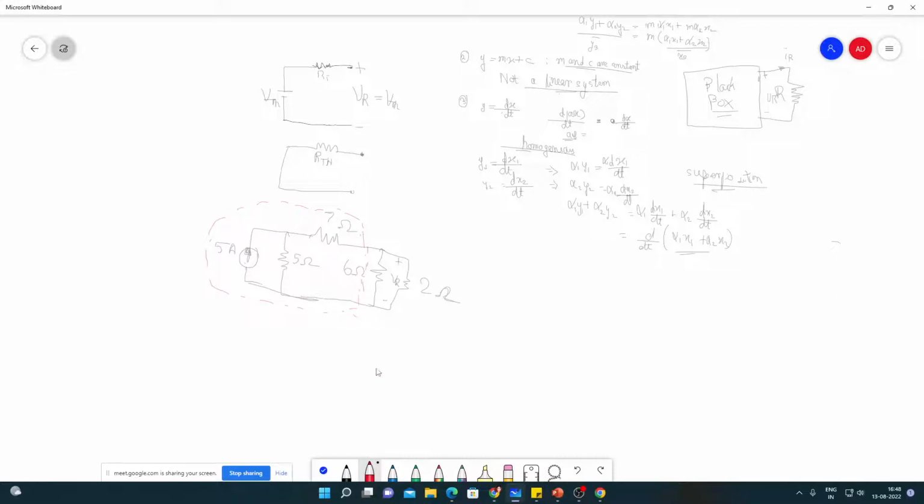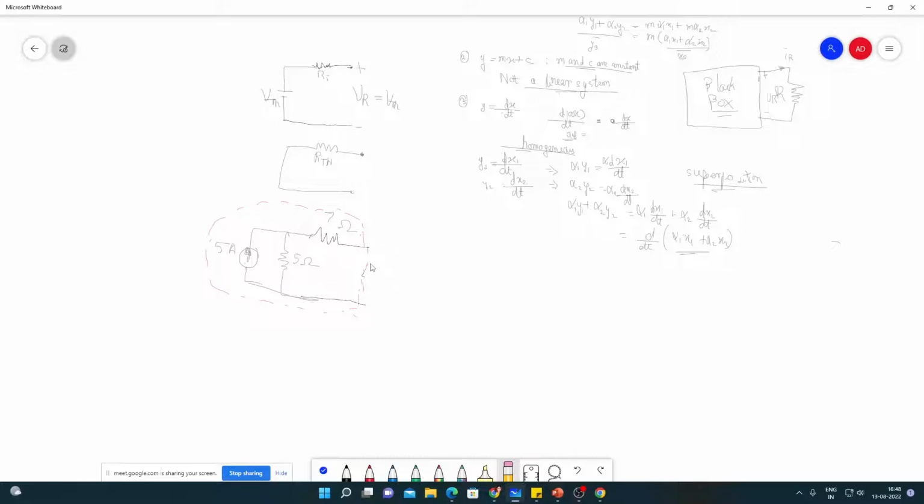So let's remove the load. Let's consider this 2 ohm and 6 ohm in parallel to be the load. So the loads are now removed.